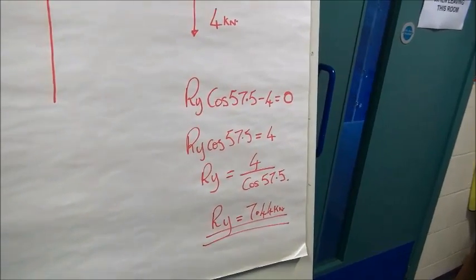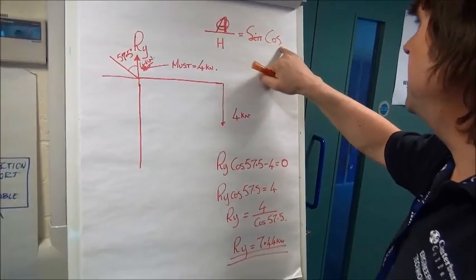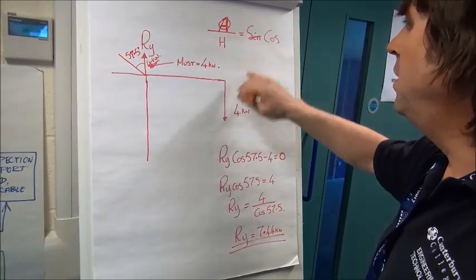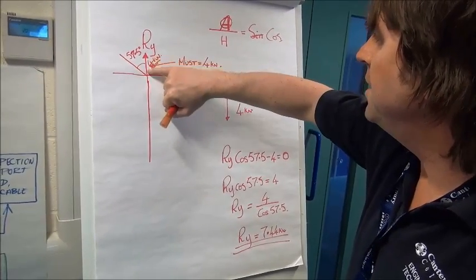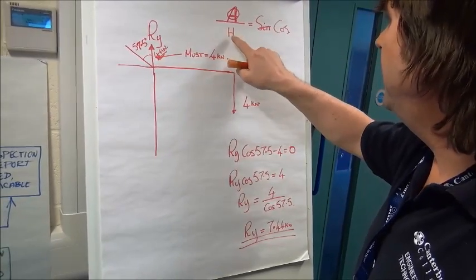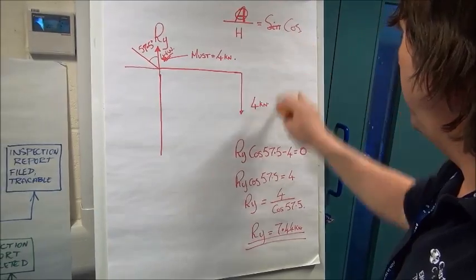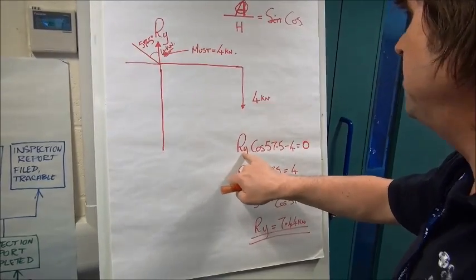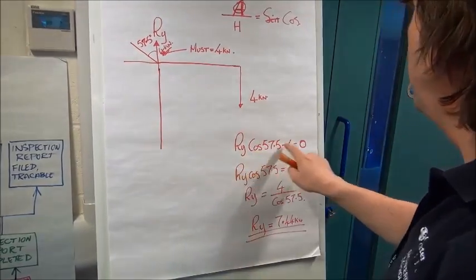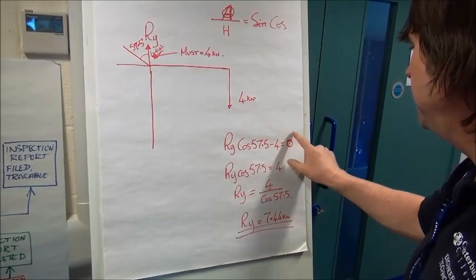As I said, there's a couple of ways of doing it. You can see I've made a mistake up here; I've actually chosen to take the cosine route because it's easier to see. We know that this acting upwards must be 4 kilonewtons. So we're simply taking the hypotenuse, Ry, times the cosine, minus the 4 kilonewtons acting downwards, which must equal 0.